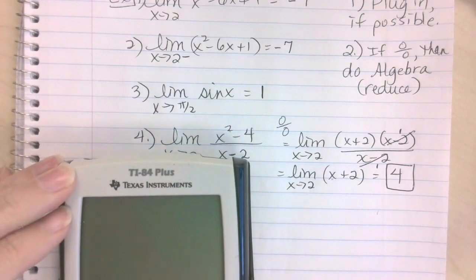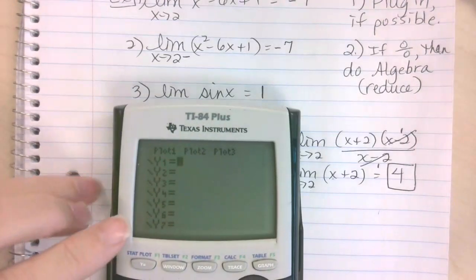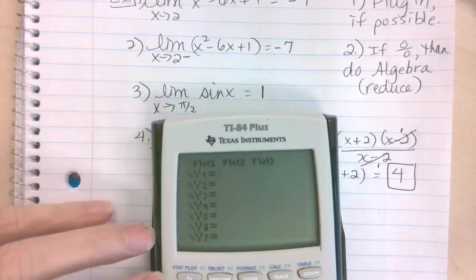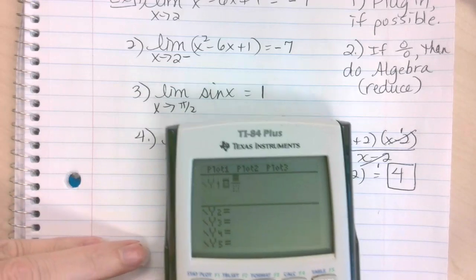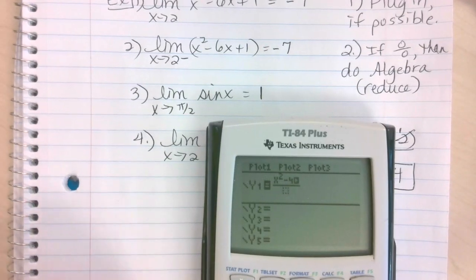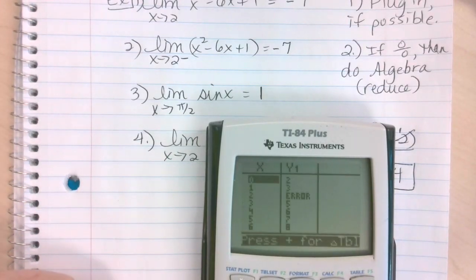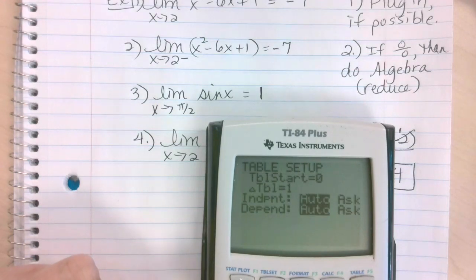Let's show it graphically, or not. Well, I guess you could show it graphically, but let's show it using our calculator. X squared minus 4, x minus 2. Go to our table. Oops, I thought I'd already table set it.